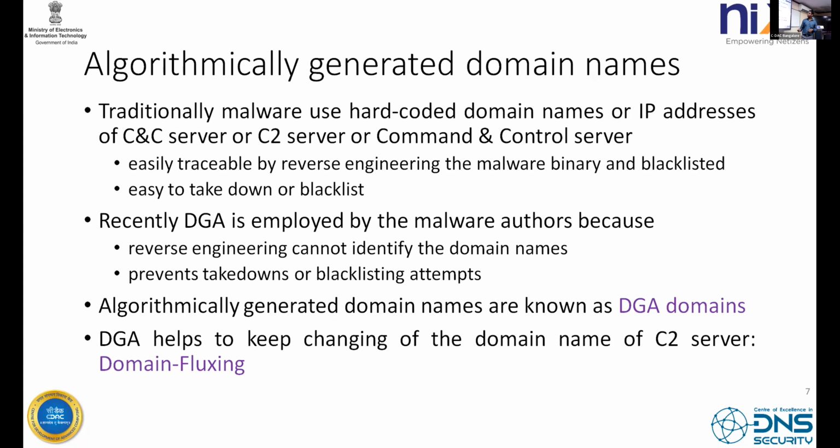The traditional way was a hard-coded domain name present in the malware, but recently they have started employing domain generation algorithms, built into the malware that gets implanted onto the victim. Algorithmically generated domain names are known as DGA domains, domain generation algorithm domains.